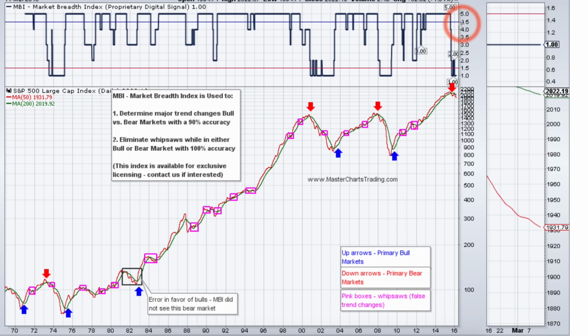So here we have basically a 90% accuracy in calling whether or not gold is in a primary bull or bear market. Here in 1995 we had a whipsaw, so this was a bad signal. But the rest of the signals were pretty good. Even this one, you can say that this was a whipsaw, but this probably was an okay signal. Probably would have made money here.